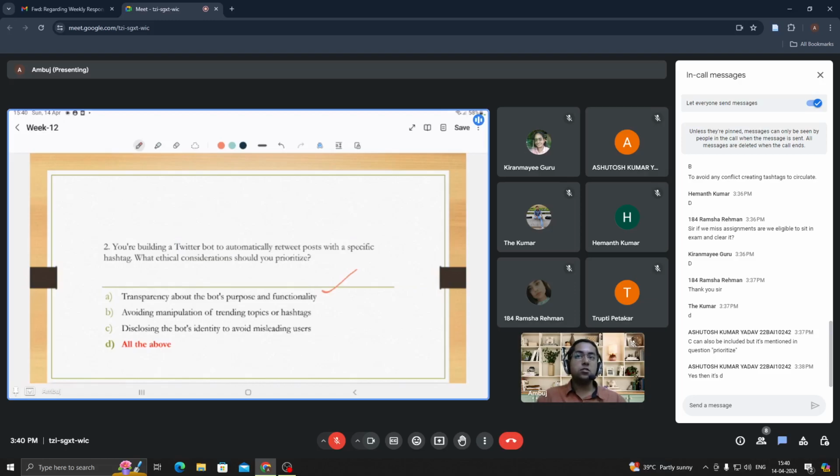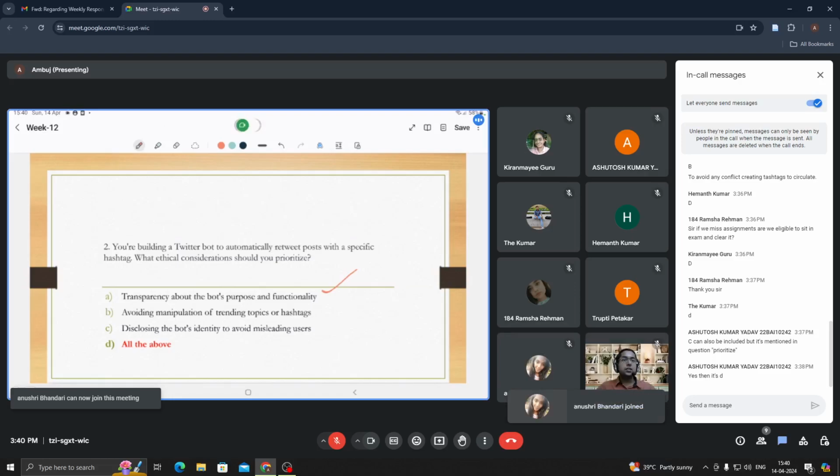Then option B was avoiding manipulation of trending topics or hashtags. What happens? I am retweeting posts with a specific hashtag. This is my priority, that a particular piece of information gets highlighted, or the information which I want to post. My goal is clear.